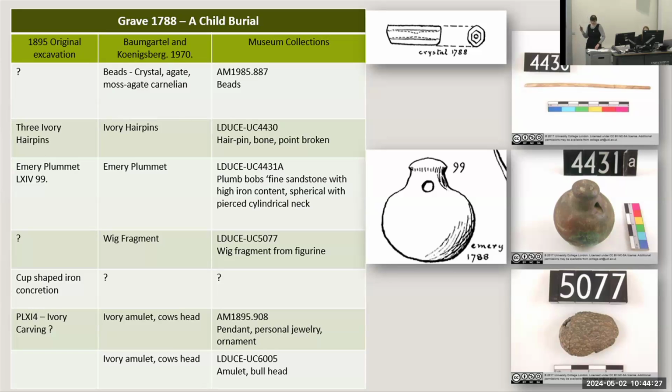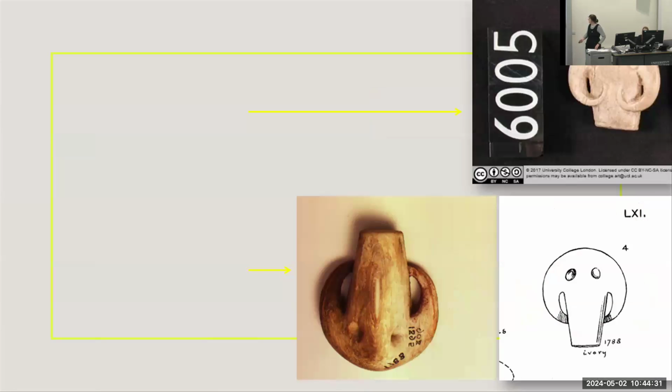In the original excavation report, Petrie records one ivory carving in plate LXI. The only description he offers is that it is a strange, inexplicable object, which does not appear to be an ornament, nor has any use been suggested for it. Now you can see there's, well, 3 items, but 2 items on screen.